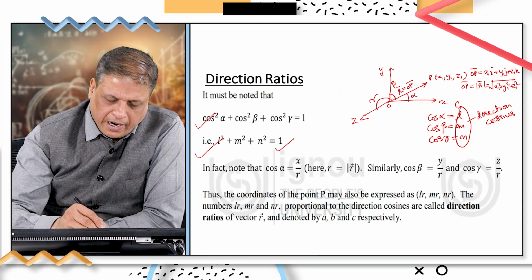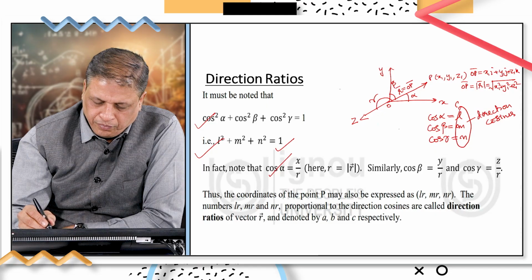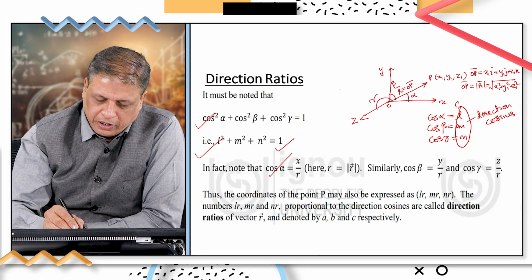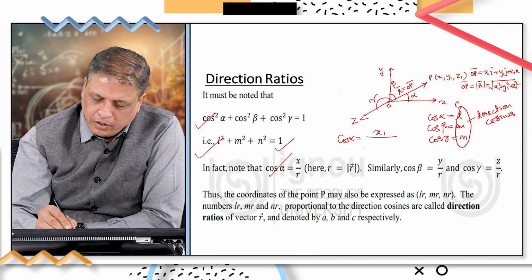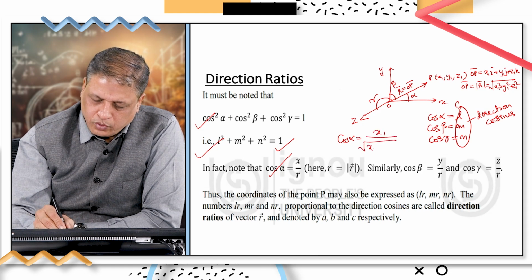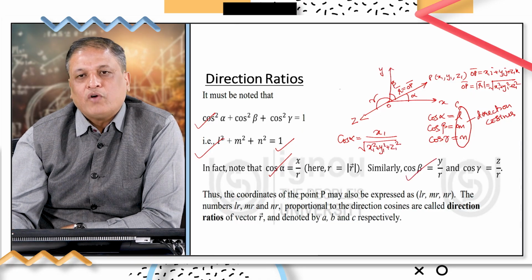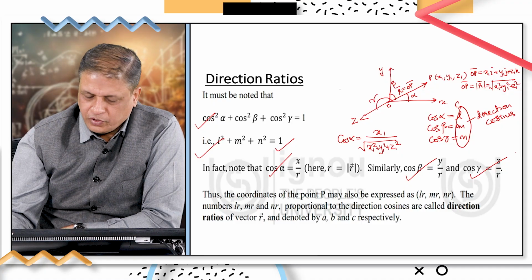Now, it is already explained that cos alpha is equal to x by r, where r is the magnitude of the vector OP. So, that means cos alpha is equal to x1 by square root of x1 square plus y1 square plus z1 square. Similarly, cos beta will be equal to y upon r, and cos gamma will be equal to z upon r.